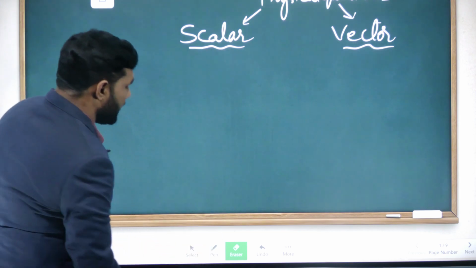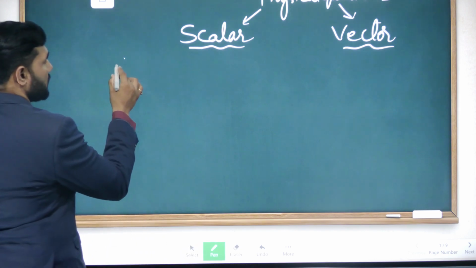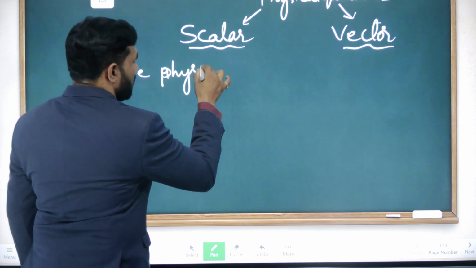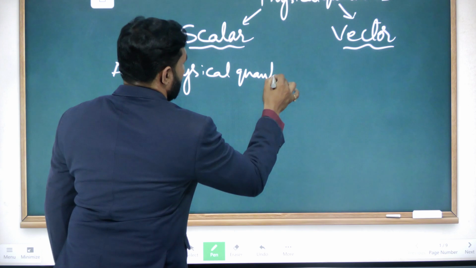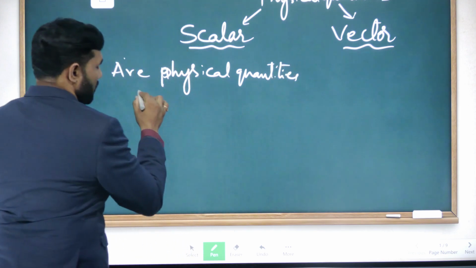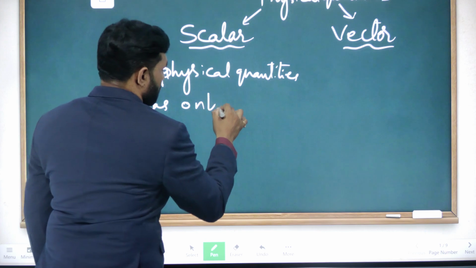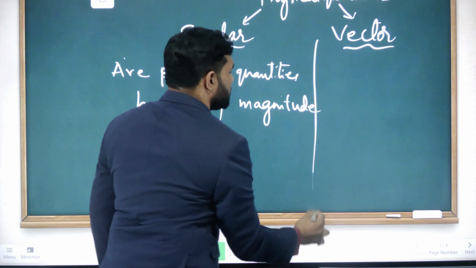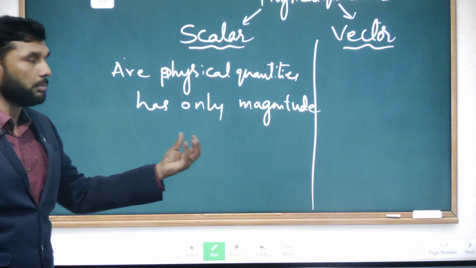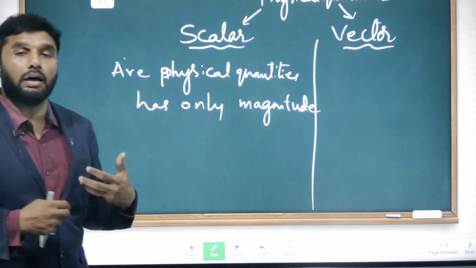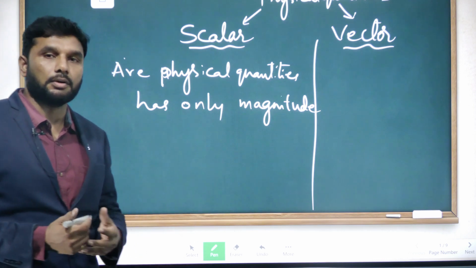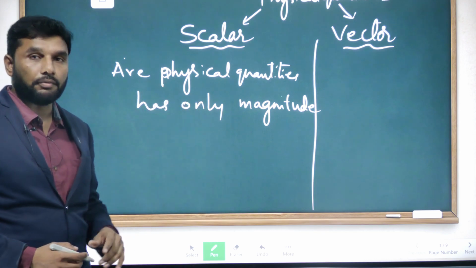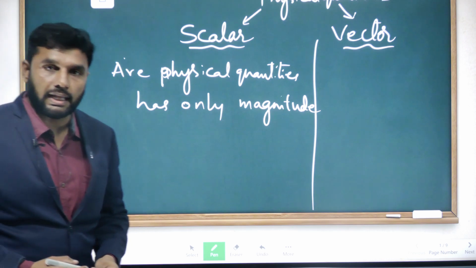So the definition: scalar quantities are physical quantities which have only magnitude. Examples are the length of an object or the mass of a person or any object. These possess only magnitude but no direction. There is no specific directionality for them.